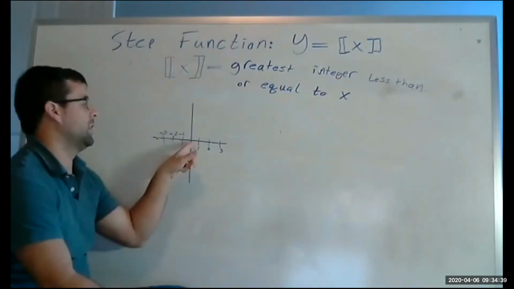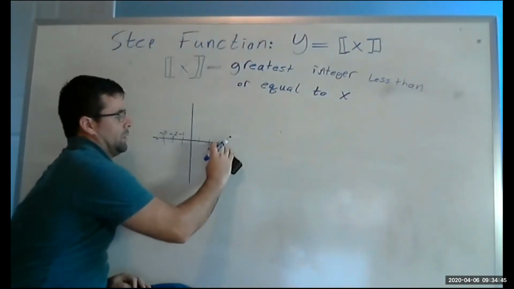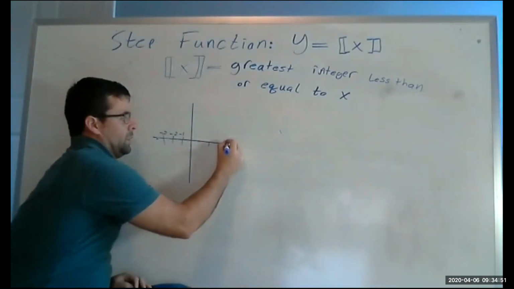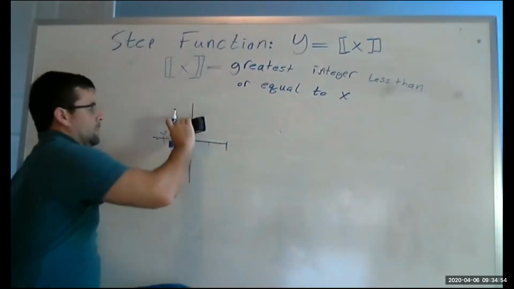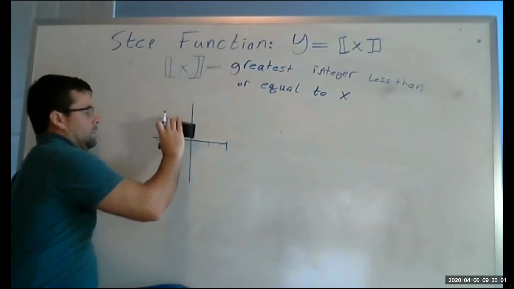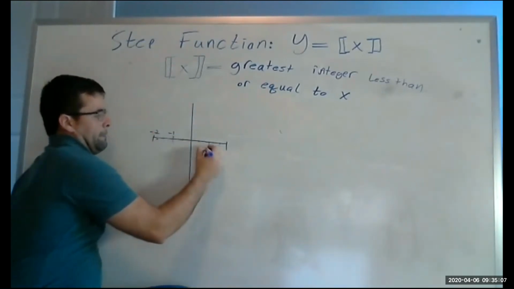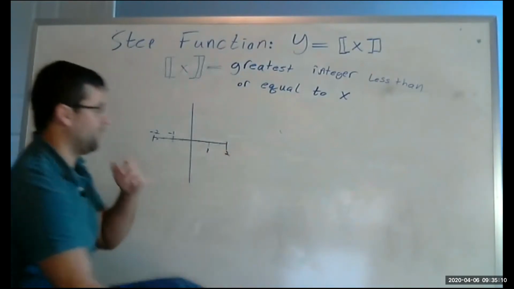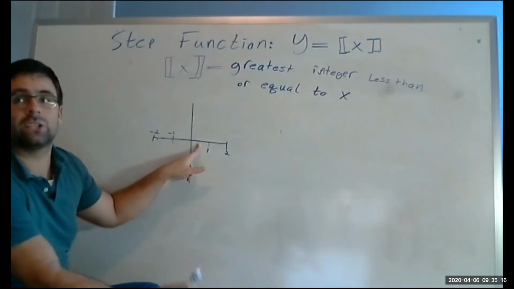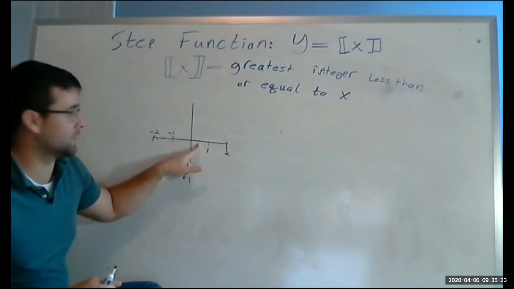So if I pick the number x equals 0.5, it says the greatest integer that is less than or equal to x.